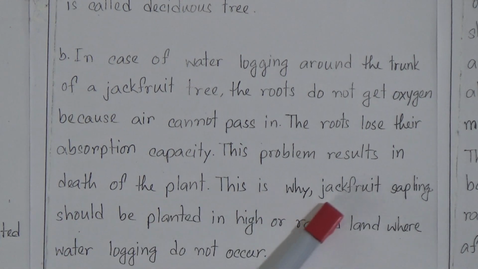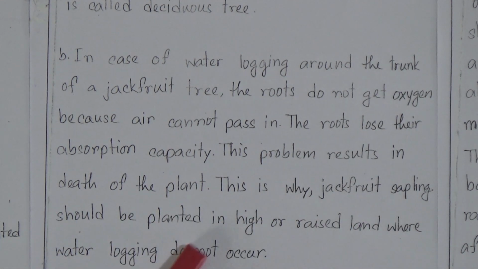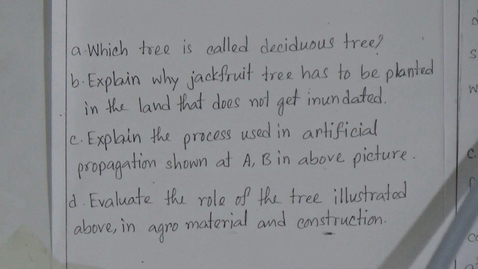This is why jackfruit sapling should be planted in high or raised land where waterlog does not occur. So we need to choose a field or a place which is very high and where water cannot log. That's why we need a land that does not get inundated, that means where the water cannot stand.